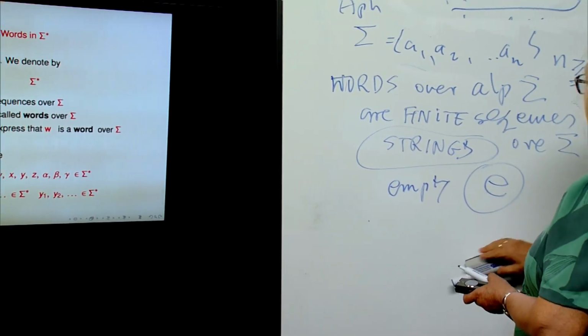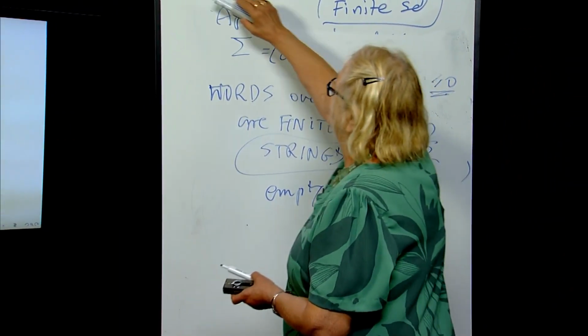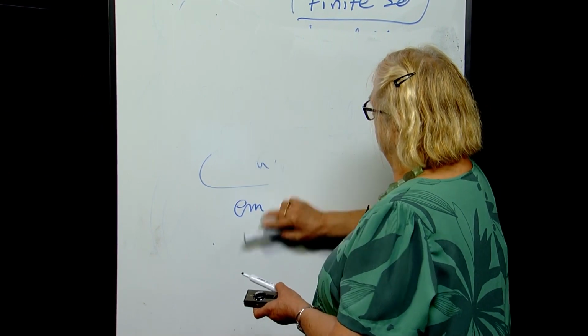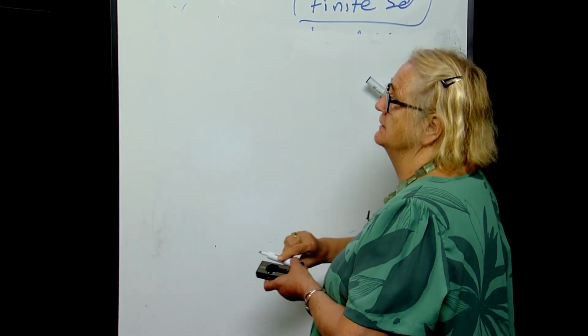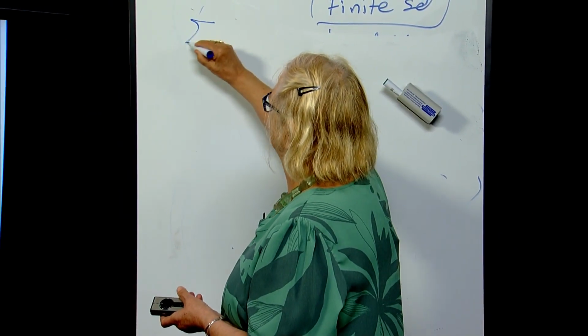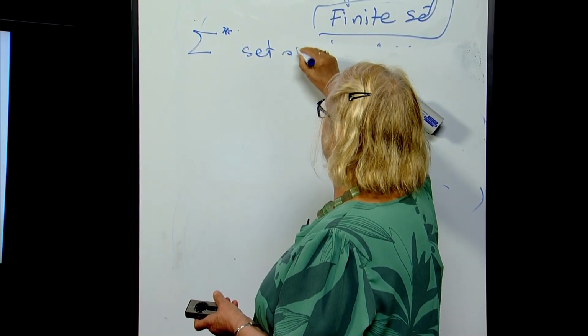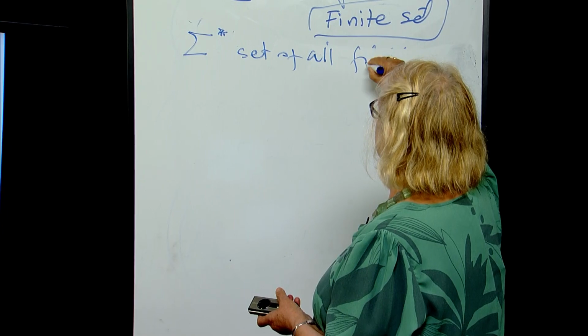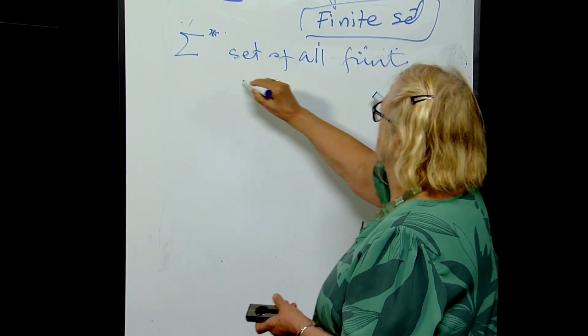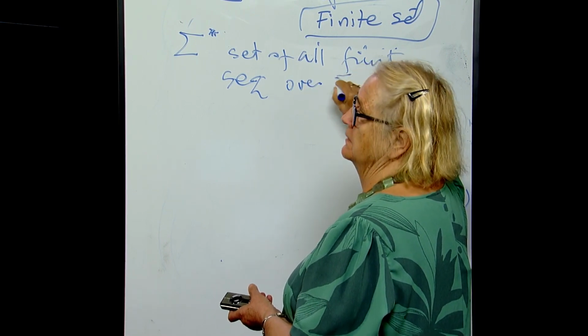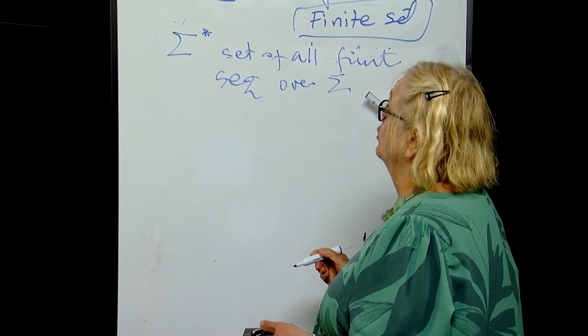And now, when you have an alphabet, we denote sigma star. This is the notation for the set of all finite sequences over sigma, and they are called words.